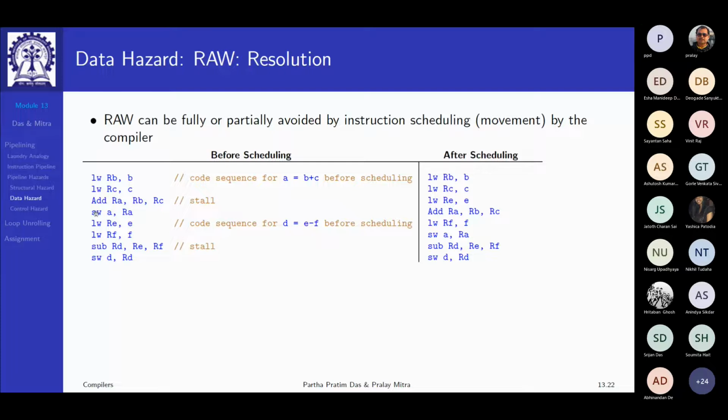We will need, after this value has been written to the array, only then it can be stored. So we can also move the load of F before the store so that we get additional cycles. In this way, we can schedule to minimize the stall. And that's the basic idea.